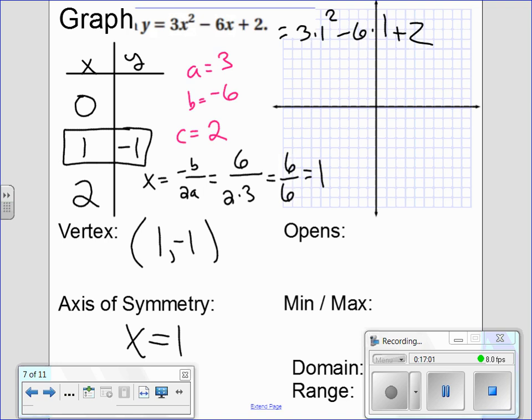When you guys plugged a 0 in, did you get 2? Awesome. And then down here, if you do it correctly, because of symmetry, the answer should also be 2. But verify it by plugging it in and making sure.